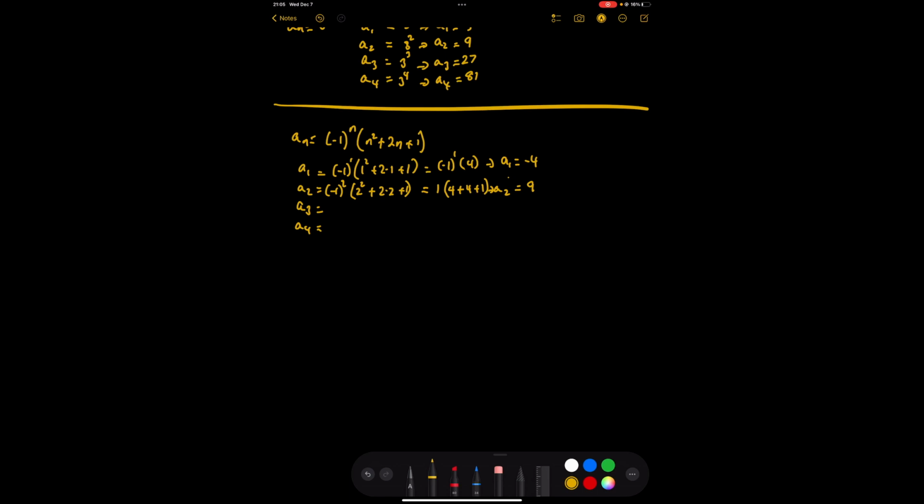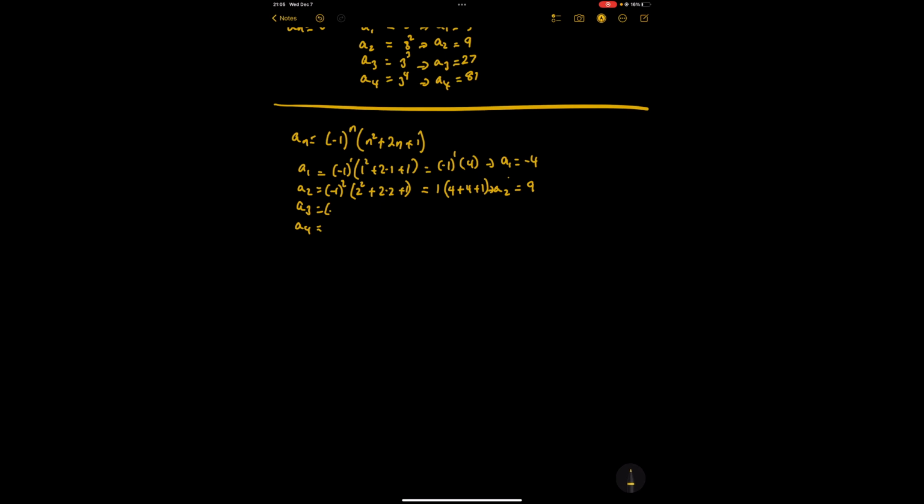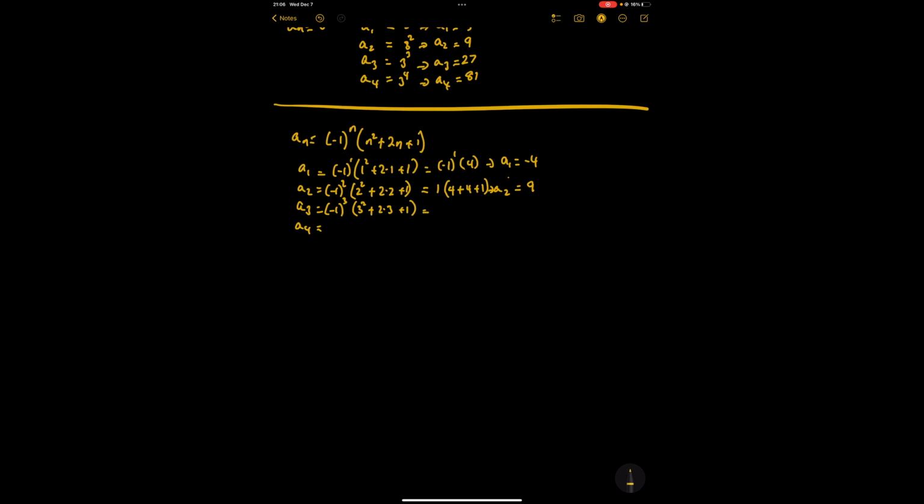Let's go to a3, negative 1 cubed, and then we're going to have 3 squared plus 2 times 3 plus 1. Negative 1 cubed is equal to negative 1, times 3 squared, which is 9, plus 2 times 3, which is 6, plus 1.